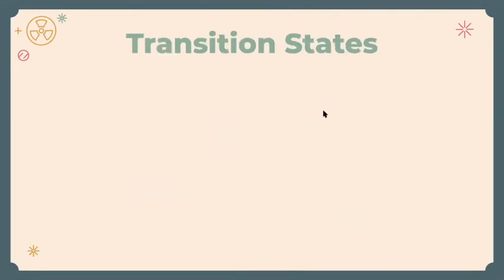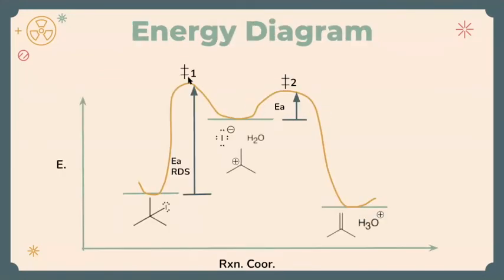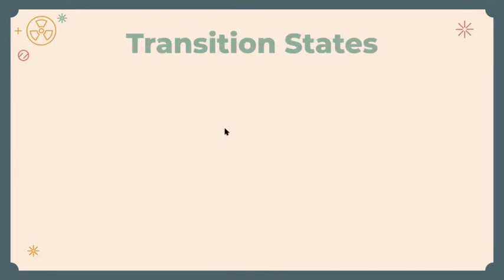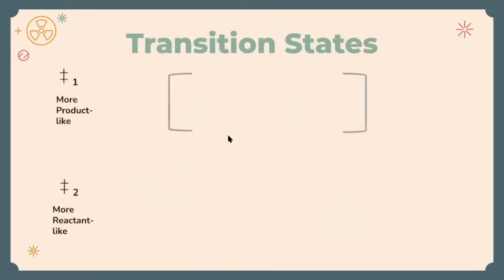And then the transition states, the first one looks more like what? Reactants or products? Looks more like products, right? So it's going to look more like a carbocation and an iodide minus. So that bond is going to almost fully be broken. And my charge on the iodide, let me see if I can do it.